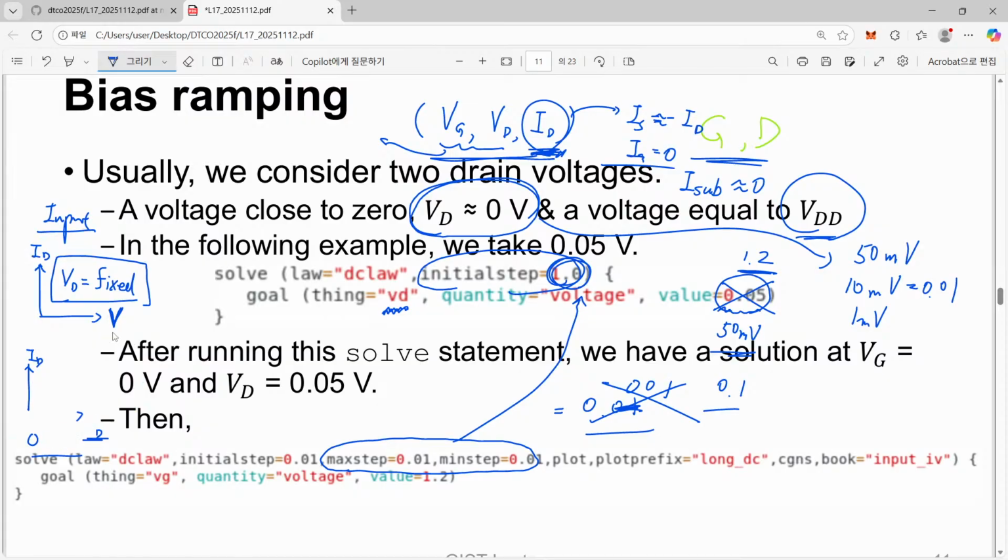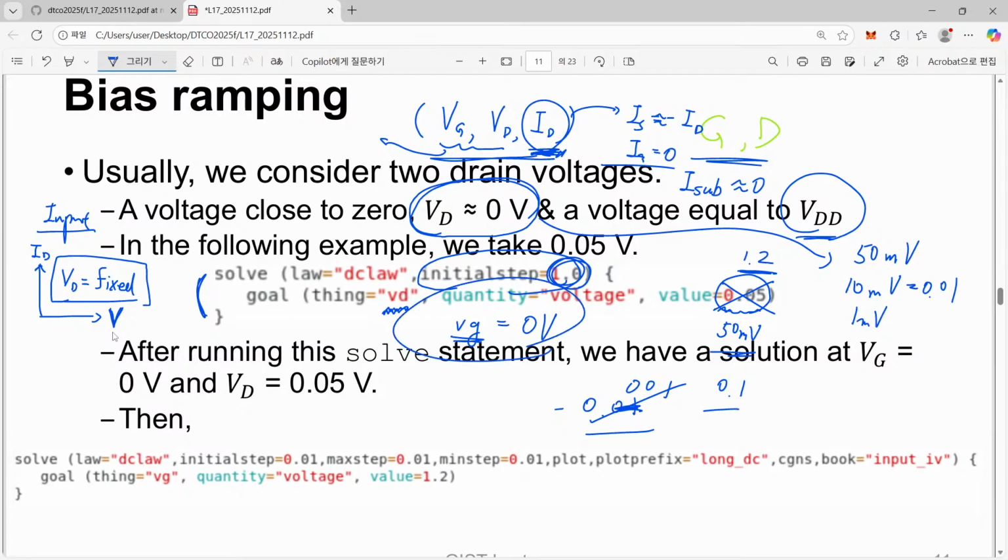Okay, so let's assume that now you have successfully done this drain ramping. However, during this drain ramping, you may ask me this question: what is the value of Vg? That is initially set to be 0 volt. So we are just changing the drain voltage with gate voltage equal to 0. And from now on, in this second solve routine, we increase the value of the gate voltage source up to 1.2 volt with max step equal to 0.01.